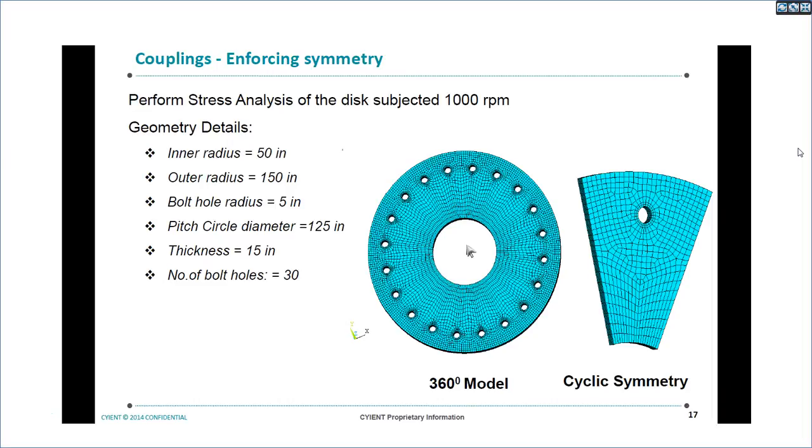As we discussed some time back, we need the 360 degrees model only if our loads are not uniform throughout 360 degrees.